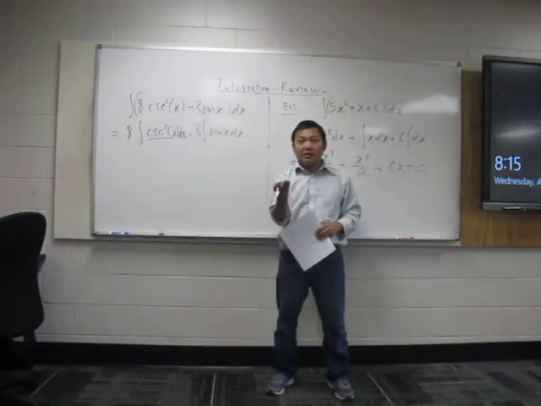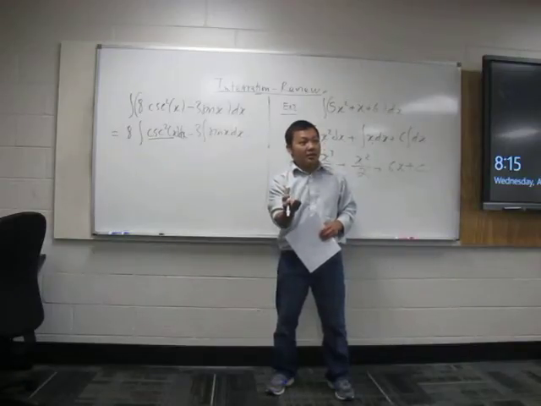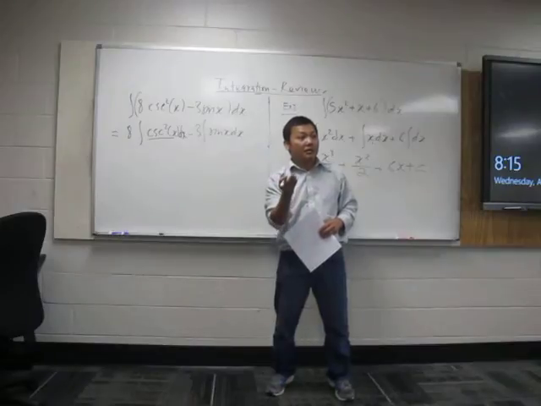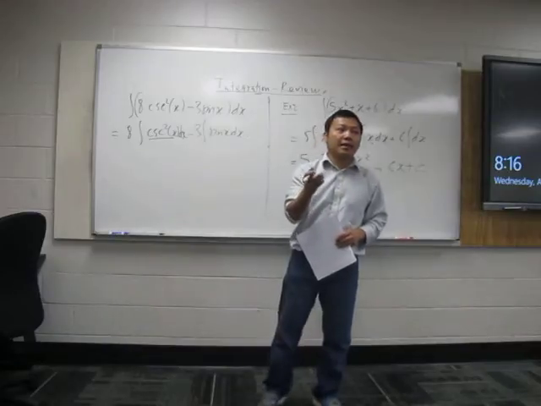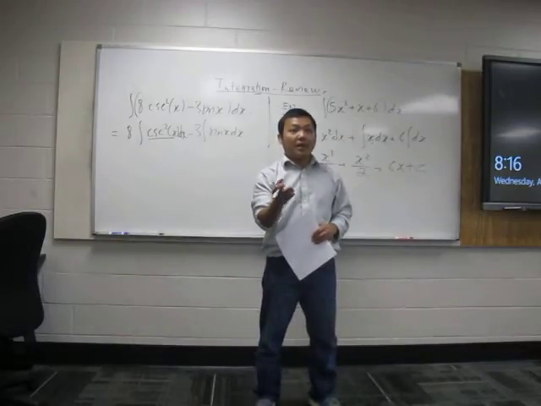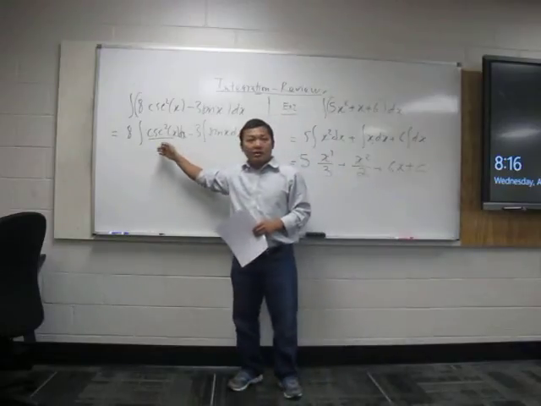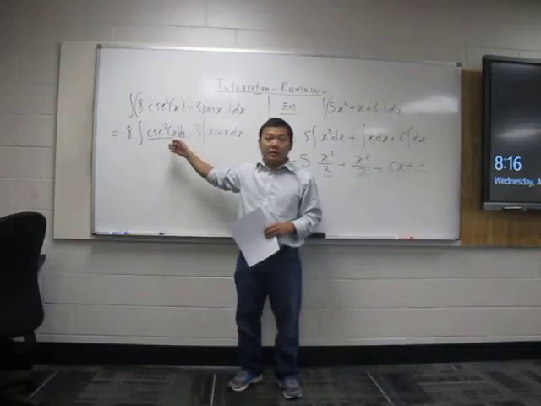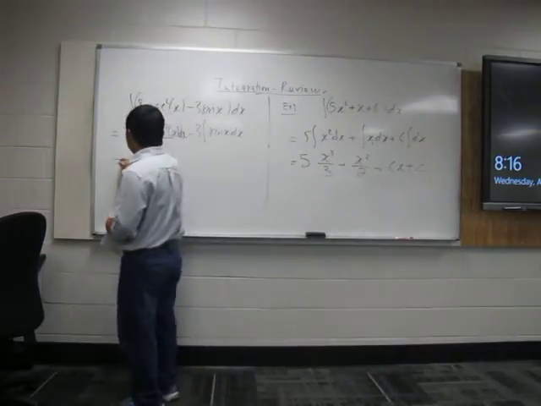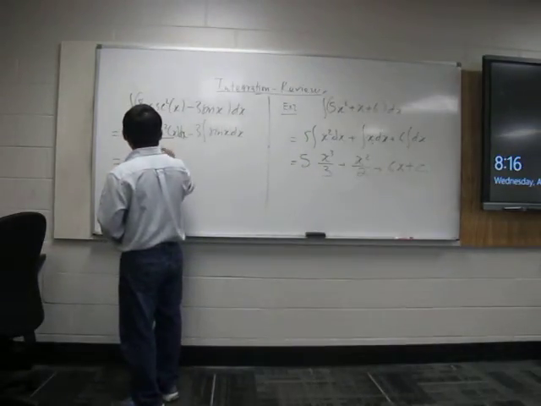The antiderivative of cosine is sine. The derivative of tangent is secant squared, so tangent is the antiderivative of secant squared. The derivative of cotangent is negative cosecant squared. That means the antiderivative of cosecant squared is negative cotangent. Make sense? So I have negative a cotangent x.